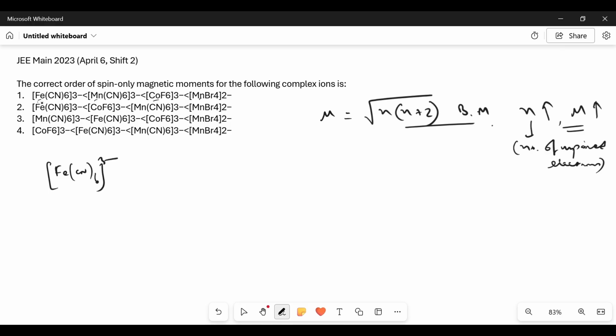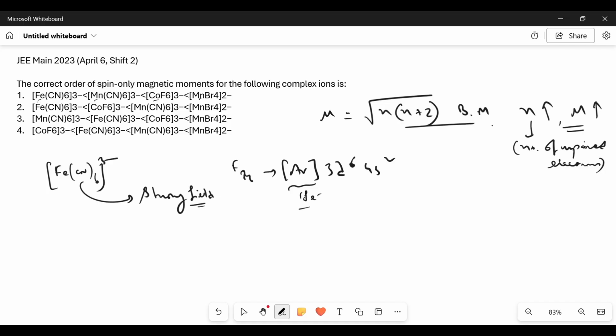Now see, already we discussed in our last class, CN is the strong field ligand, because carbon is the donor atom. Carbon and nitrogen donor atom ligands are all strong field ligands. Now iron is 26. 26 means argon 3d6 4s2, right? 3d6, because argon is 18 electrons, so 18 plus 6 is 24, plus 2 is 26.